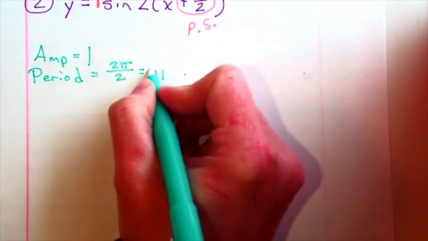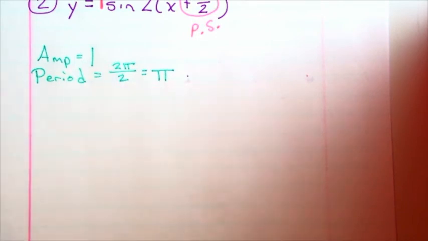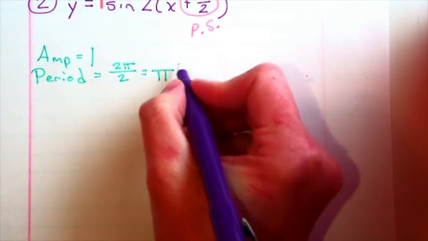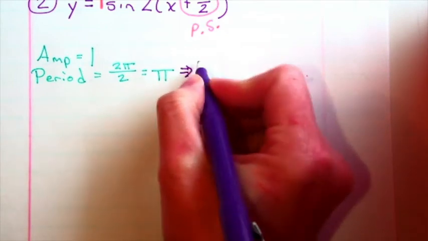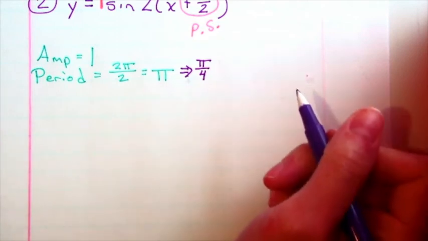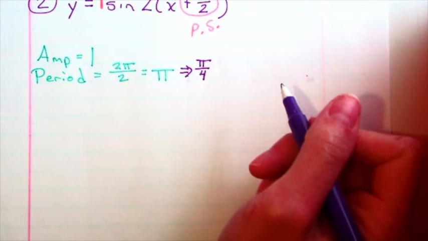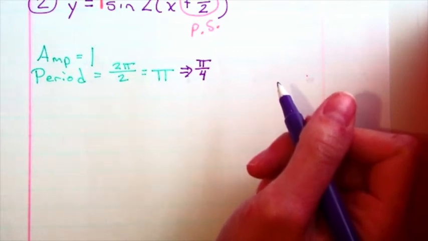So that simplifies to pi. Remember, when we split our graph up into sections, we want to split that up into fourths. So if we divide pi into fourths, then every pi over 4 section, something's going to happen. So that's how I need to split up my points on my x-axis for this one.